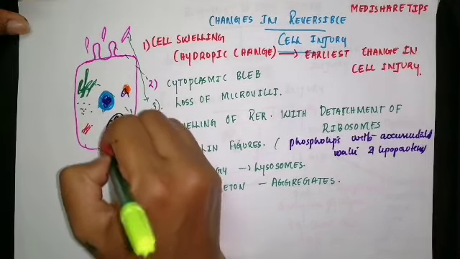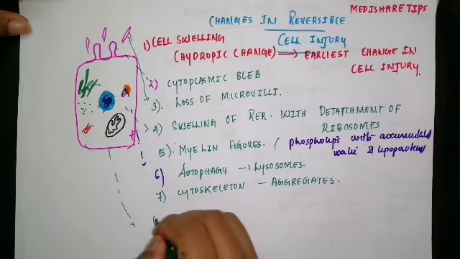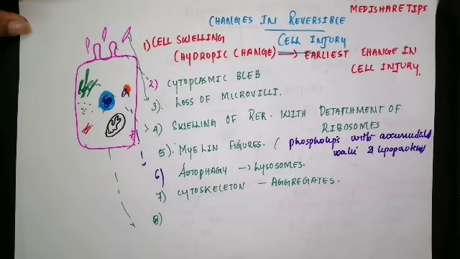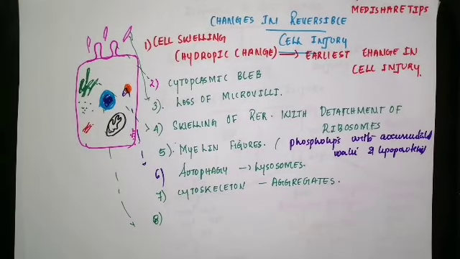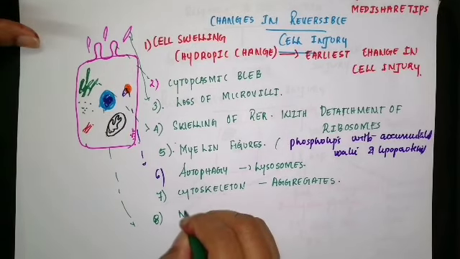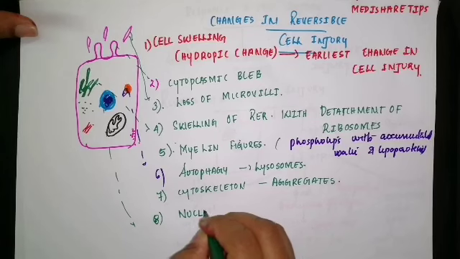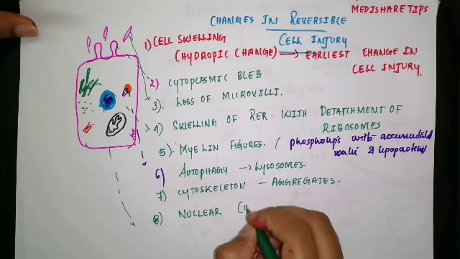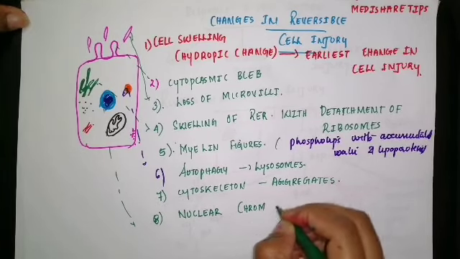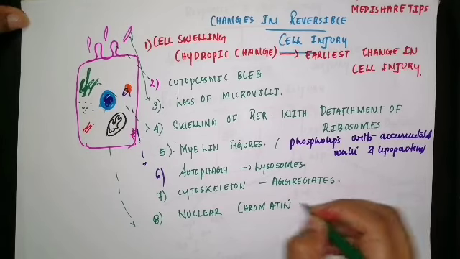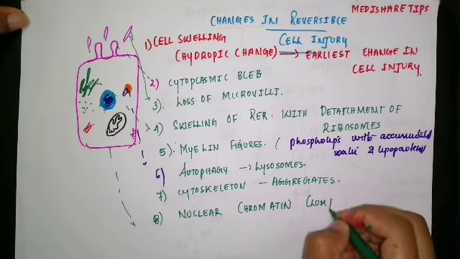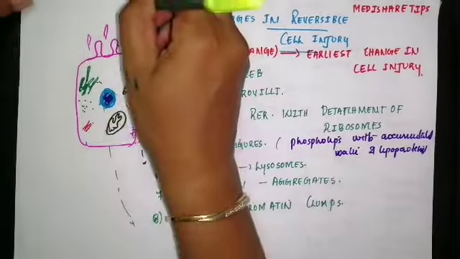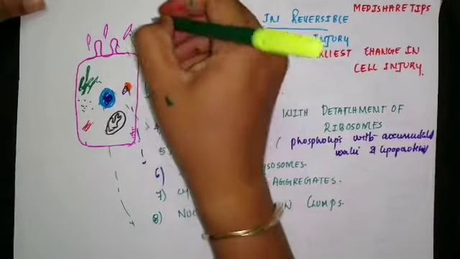And what is the change in the nucleus? Because of the anaerobic glycolysis, lactic acid is formed, which leads to decreased pH. Due to decreased pH, nuclear chromatin clumps are formed. So remember, these are the ultrastructural changes in reversible cell injury.